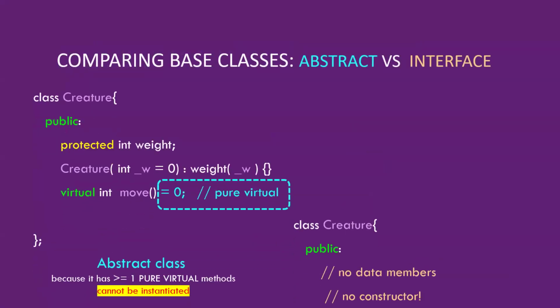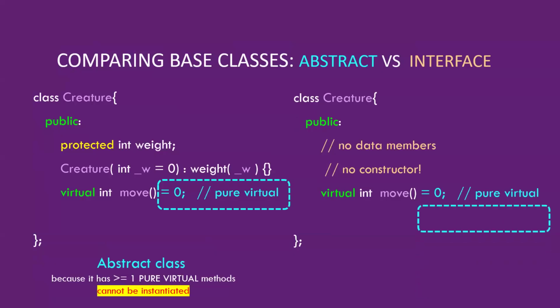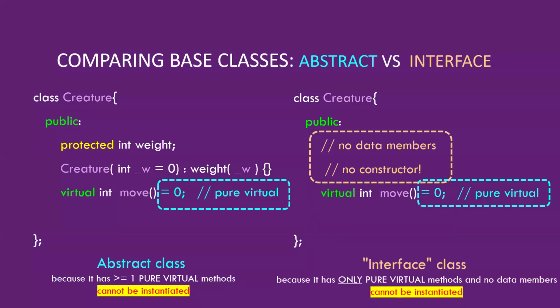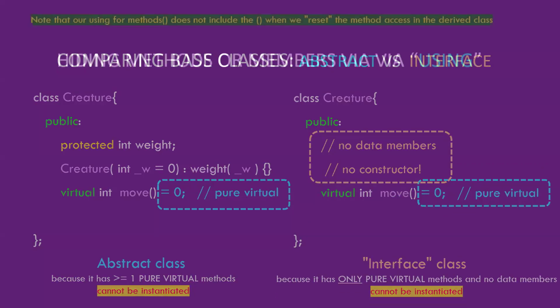An interface class is even more stripped out. We talked about that last time. No data members and no constructors inside of an interface class. So it's just a tool that software architects use to communicate with everybody what the rules are. And then those other developers can take that class and run with it and add what needs to be added. Okay.